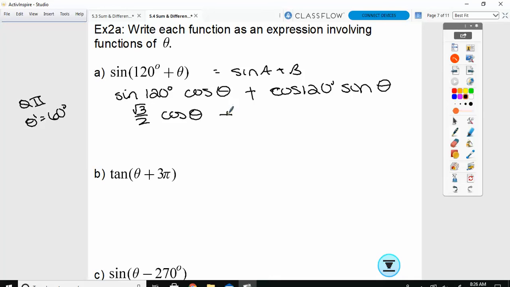So we have radical 3 over 2 times the cosine of theta plus, okay, in quadrant 2, is cosine positive or negative? Negative. So you could say plus a negative, or if you wanted, you could go ahead and just change that to a minus. What's the cosine of 60? 1/2 times sine of theta.